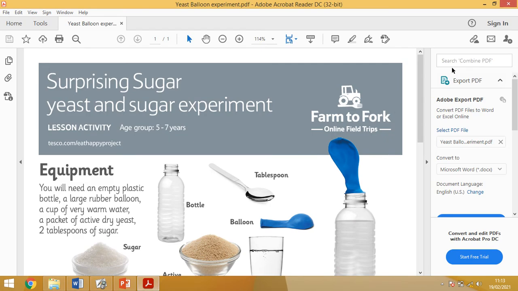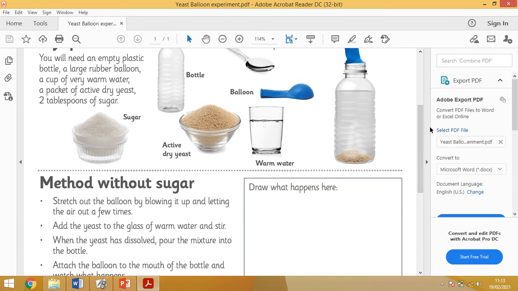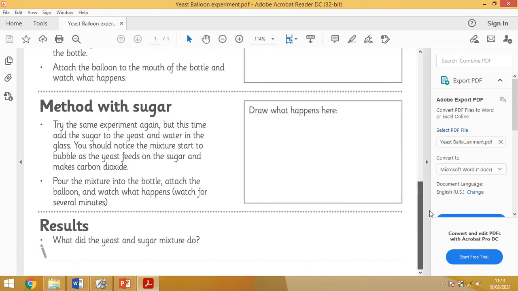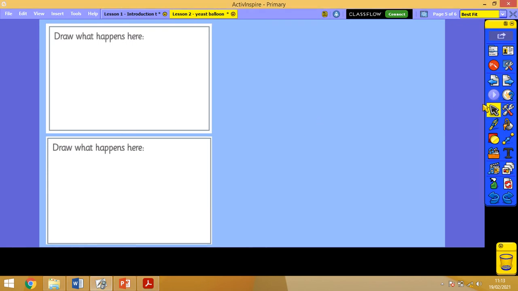You should have this sheet right at the bottom. It shows you what the bottle should look like, and then just draw what happens for each one and explain. I won't spoil it for you. It might take between half an hour and an hour. If your water temperature is too low, it'll probably take a bit longer.